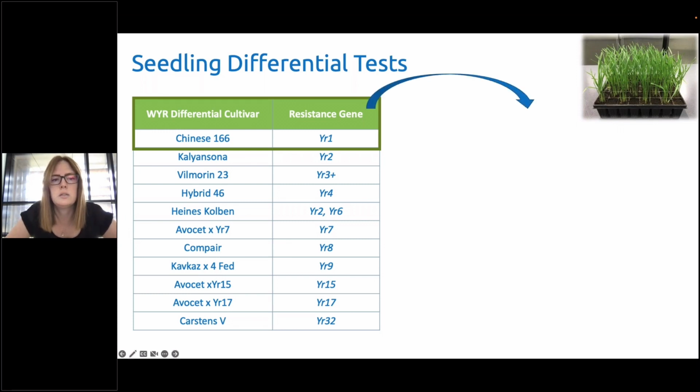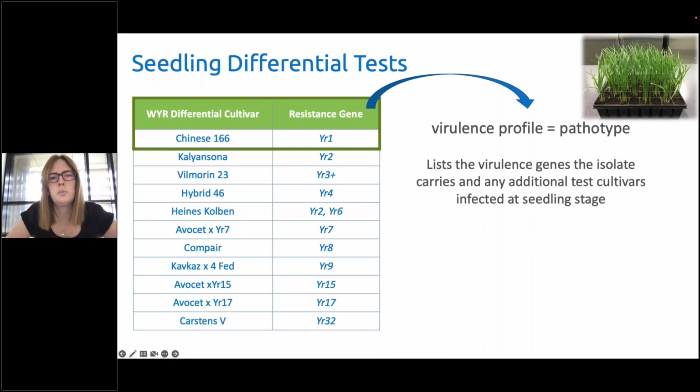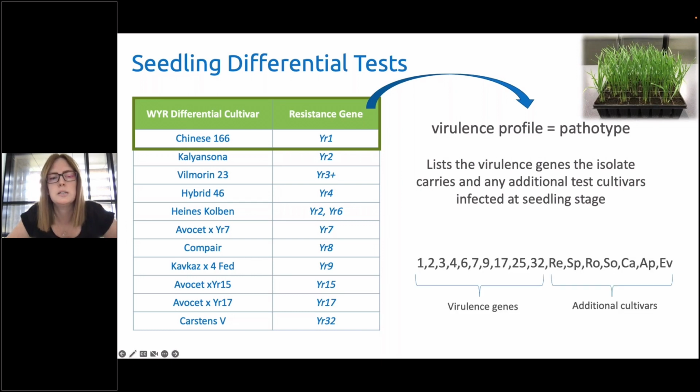We use this information across all the different differentials to build up what we call a virulence profile, which we term a pathotype. This gives us the collection of virulence genes that the isolate carries, and also any additional test cultivars that we have in our test. This is to show infection at the seedling stage.